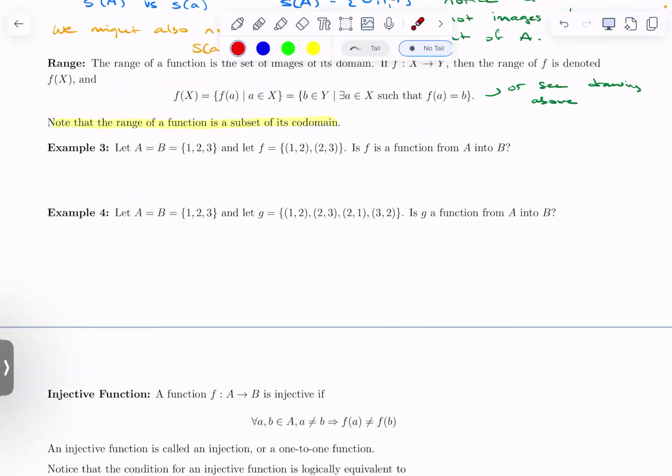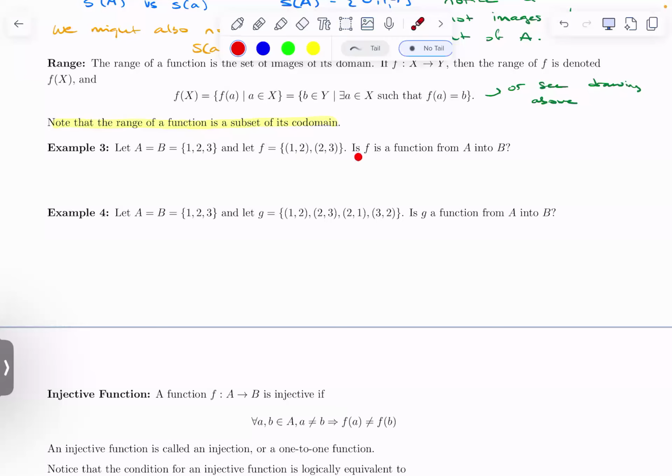If A and B are both the set 1, 2, 3, and we have f is, well, potentially a function, f is the relation, right? A function is a special case of a relation. So f, let's start off as a relation. 1 goes to 2 and 2 goes to 3.